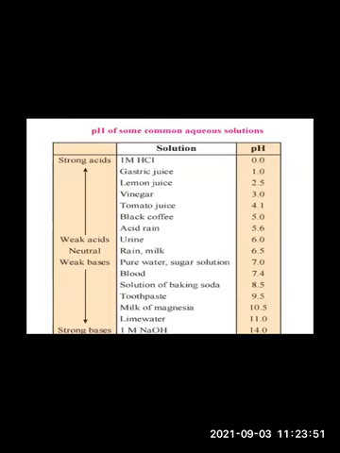Even in blood, H plus and OH minus ions should be in proper, definite proportion for the proper functioning of the blood. Fermentation carried out with the help of microorganisms, other biochemical processes, and many other chemical processes all require the proportion of H plus and OH minus ions.